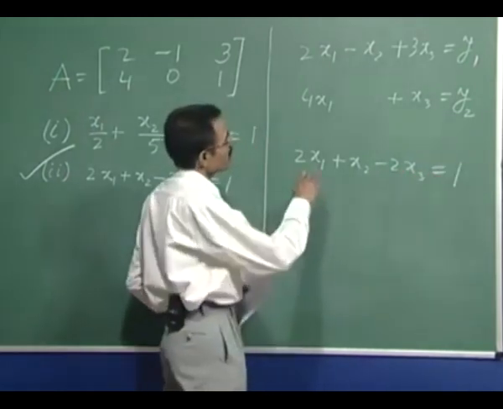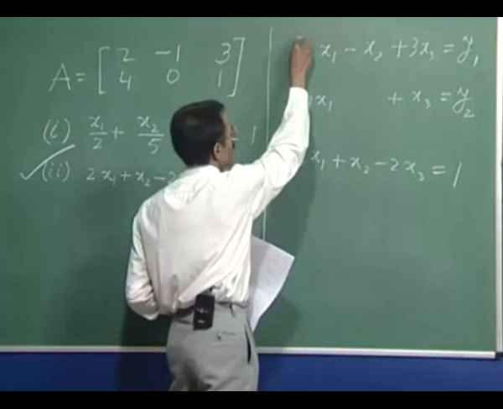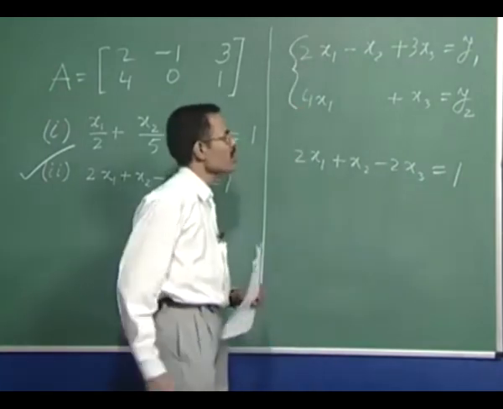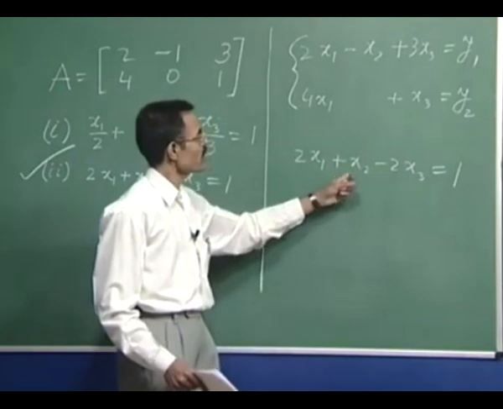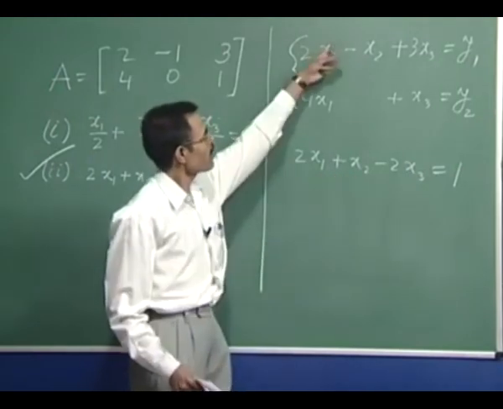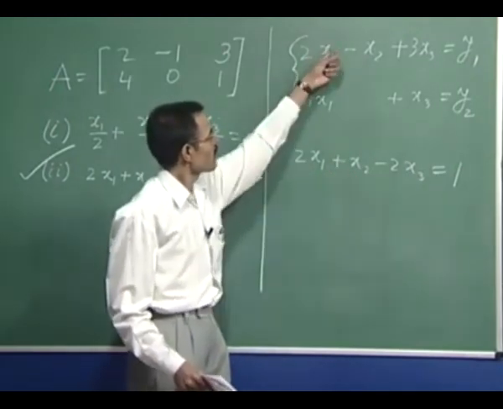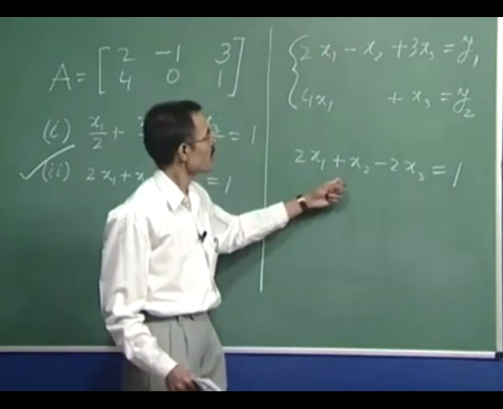And now we find that in the second equation, coming from the linear transformation, x2 is already missing. Now, we want to get rid of this x2 from here, and that we can do by adding the first equation from here to this.